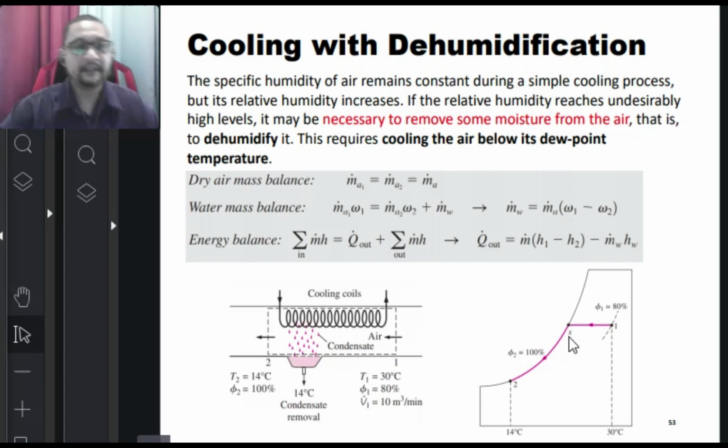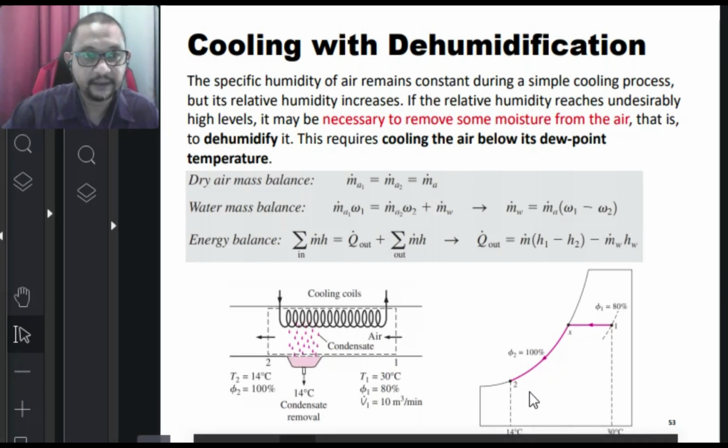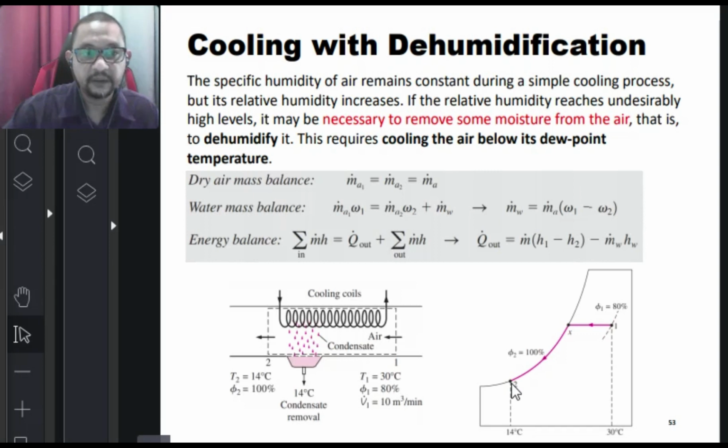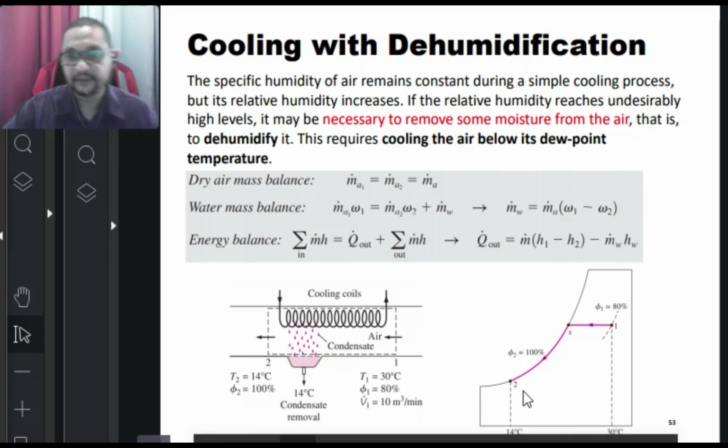So the air remains saturated during the entire condensation process, which follows the line of 100% relative humidity until the final state 2. The water vapor that condenses out of the air during this process is removed from the cooling section through a separate channel. The condensate is usually assumed to leave the cooling section at T2. That is an assumption that you must consider.